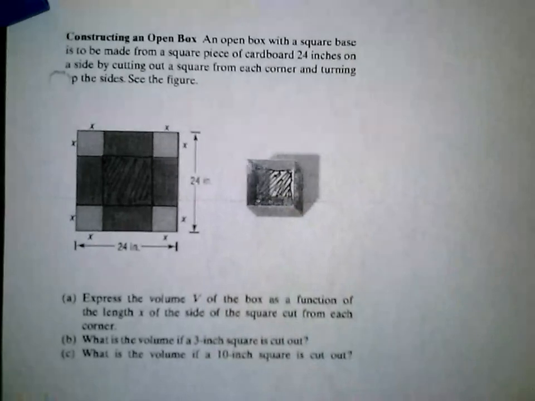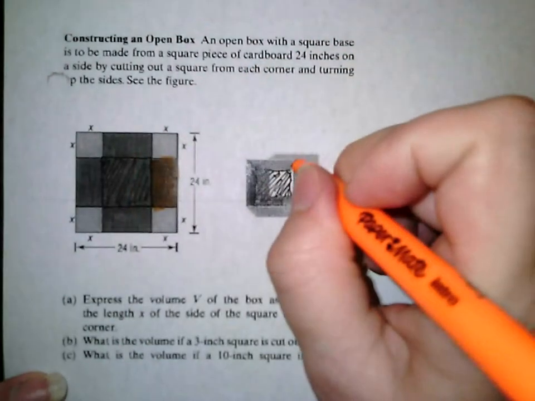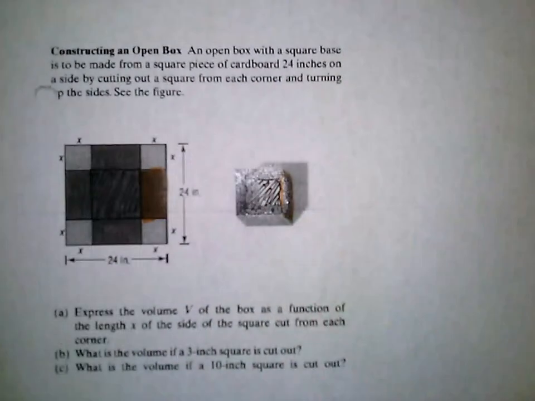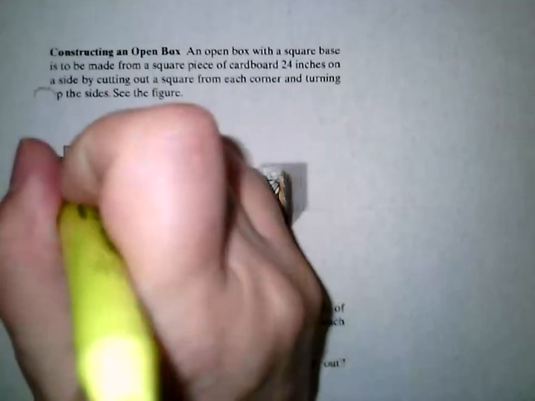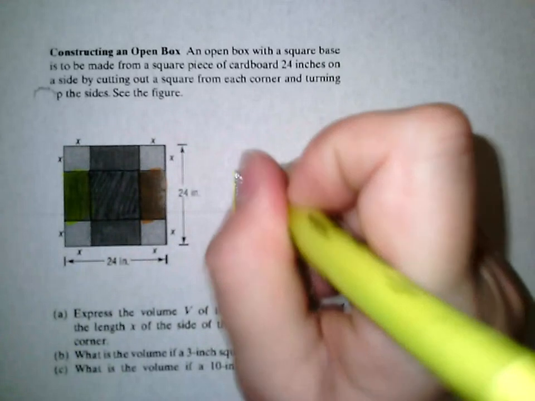Okay. Then we have the sides of our box. This side over here is going to fold up and be this side over here. This side over here is going to fold up and be this side over here.